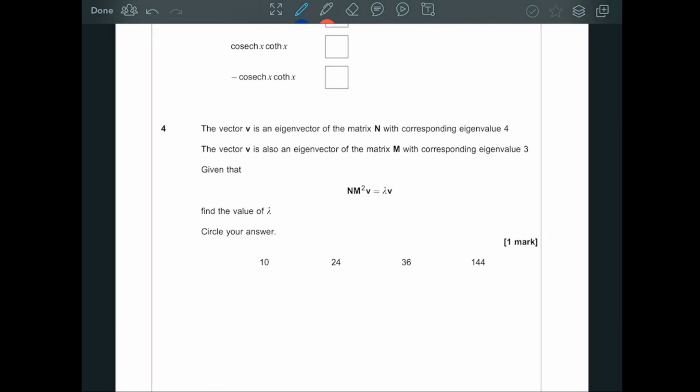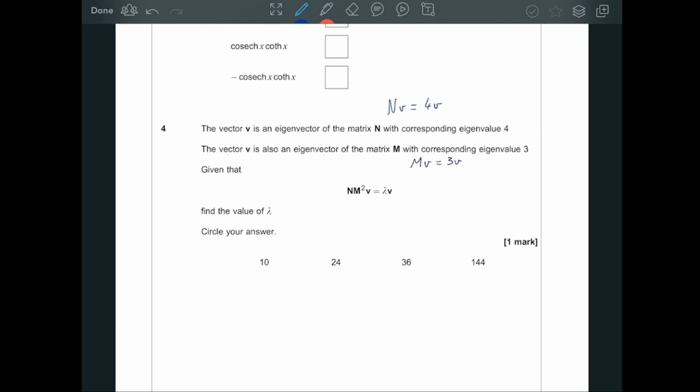The vector v is an eigenvector with an eigenvalue of 4, so Nv equals 4v. Vector v is also an eigenvector of M, Mv equals 3v.